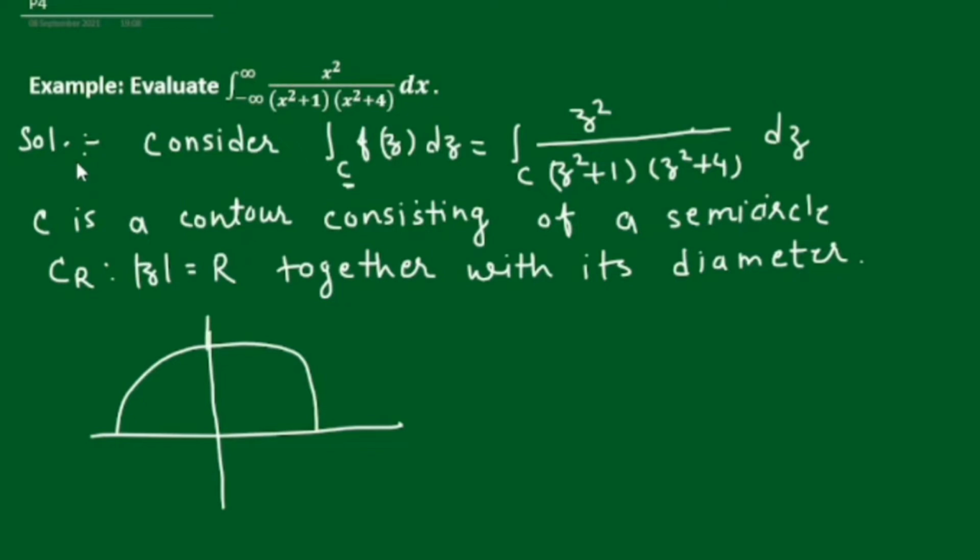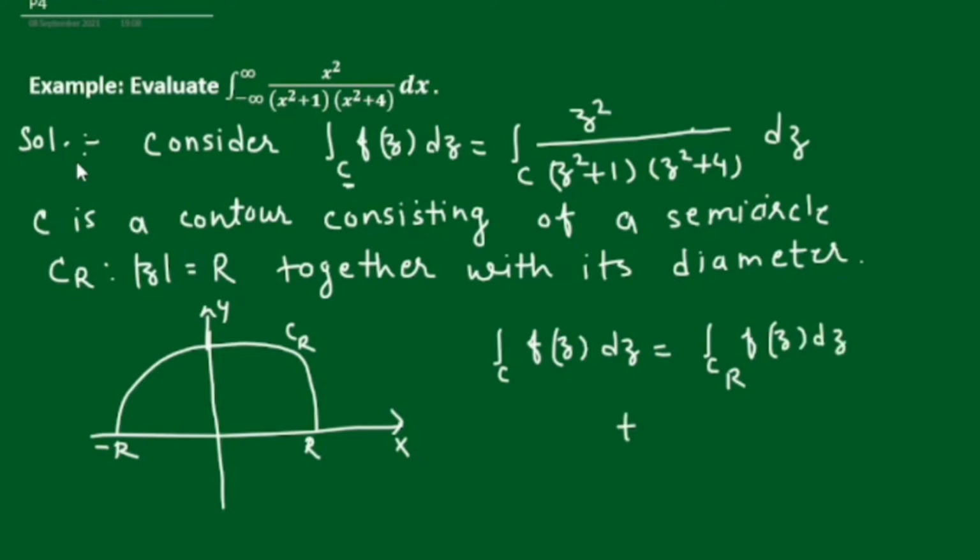Our contour will be somewhat like this: this is the x-axis, this is the y-axis, and this is its diameter from minus R to plus R. Then we can write the integral along C of f(z) dz is equal to the integral along C_R of f(z) dz plus the integral from minus R to plus R of f(x) dx. Call it equation 1.